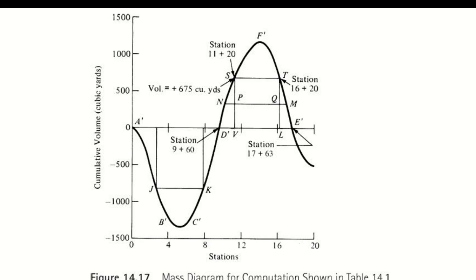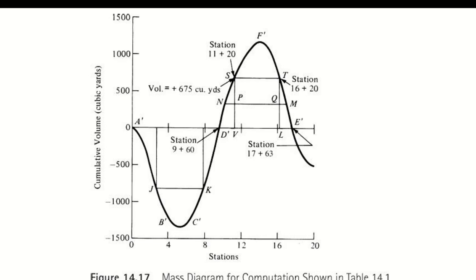Clear? So I can make a balance line between B dash and C dash, right? Because they are at the same level. But what station is this? I need the graph. Got it? So for other balance lines, we need the graph. Here in the question, because they made the graph, they are saying there is a balance line at 500 as well.